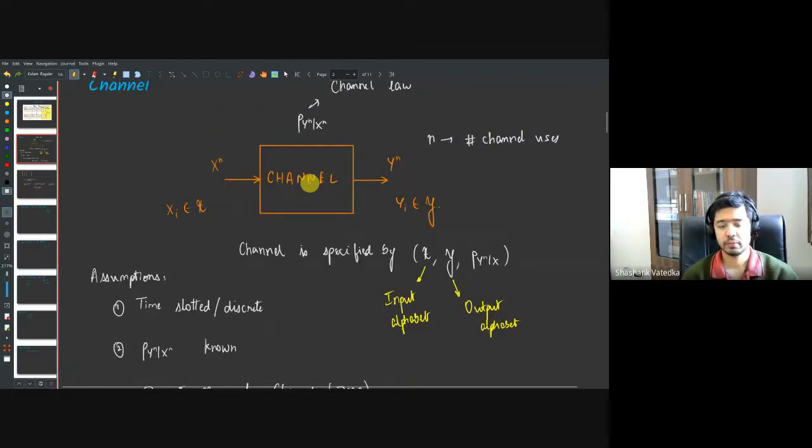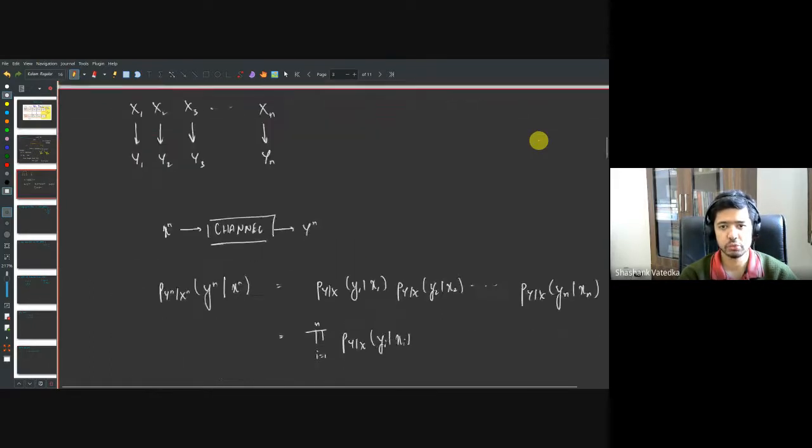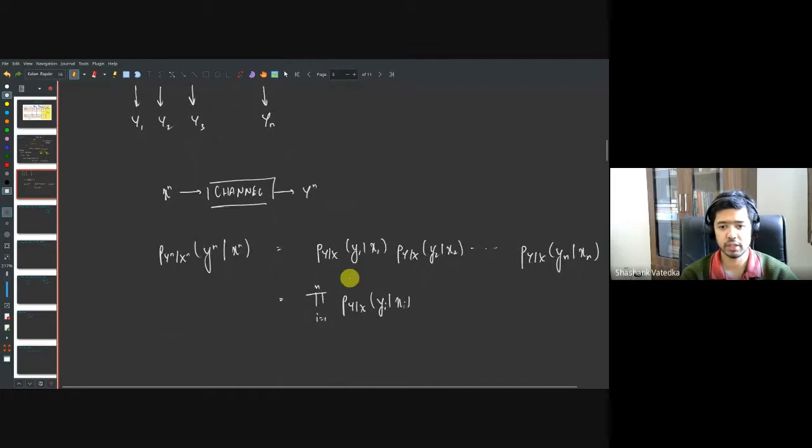Okay, so as I was saying, this term n is the number of channel uses, but it is also called the block length. Whenever I say block length or number of channel uses, they all refer to this quantity n. Calligraphic X is the input alphabet, calligraphic Y is the output alphabet, and P of y^n given x^n is the channel law. But at least for the most part, we will assume that it has this memoryless nature.